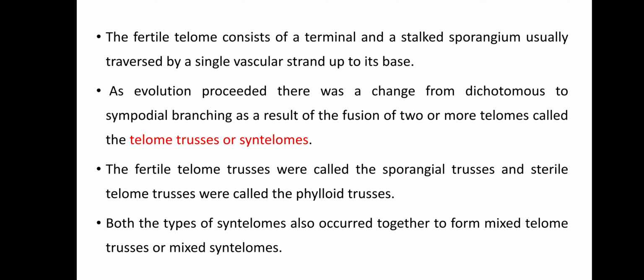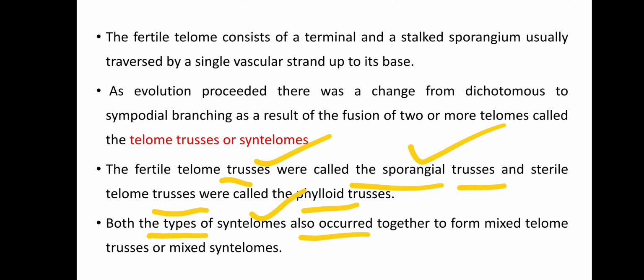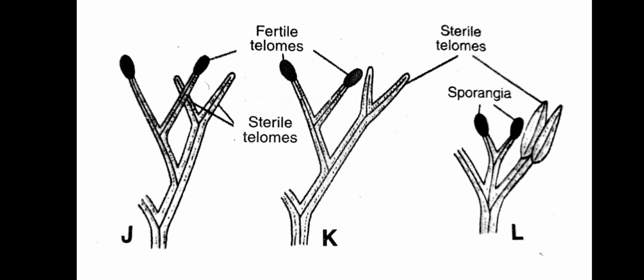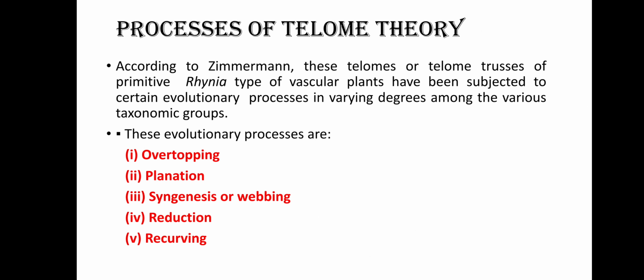The fertile telome trusses are called sporangial trusses and sterile telome trusses are called phylloid trusses. Both types of syntelome occurred together to form mixed telome trusses or mixed syntelome. So these are fertile telomes with sporangia and these are sterile telomes without sporangia.